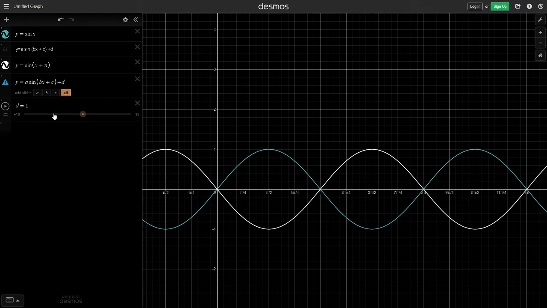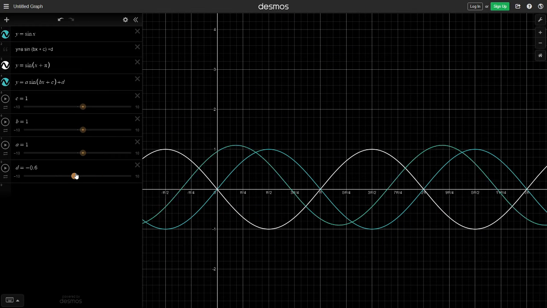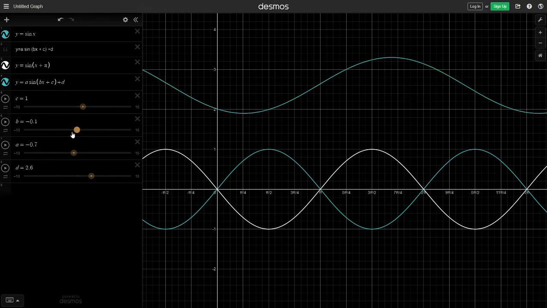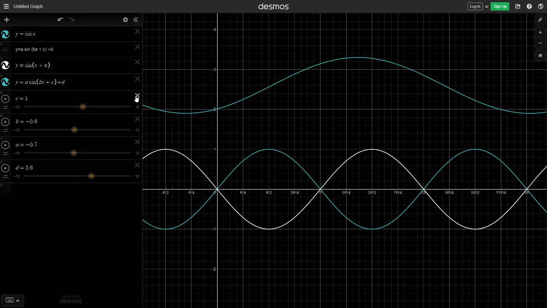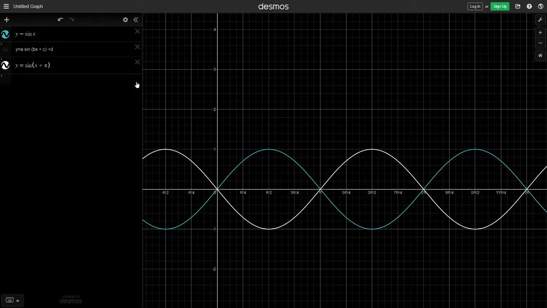For instance, if you type in d, you can play with how each of these variables will change your graph, just like any other graph with Desmos. Those sliders help you visually see how each of them changes. Okay, so that moves your graph up, down, left, and right.